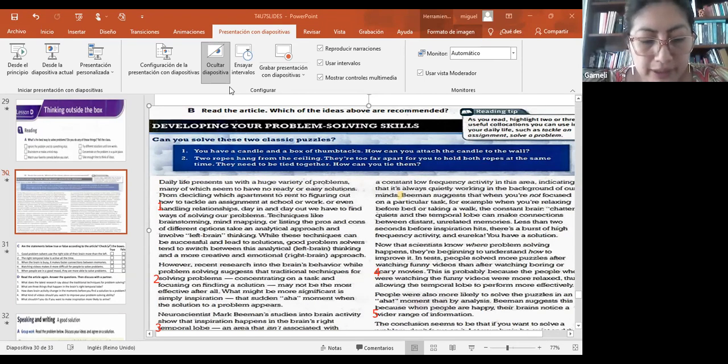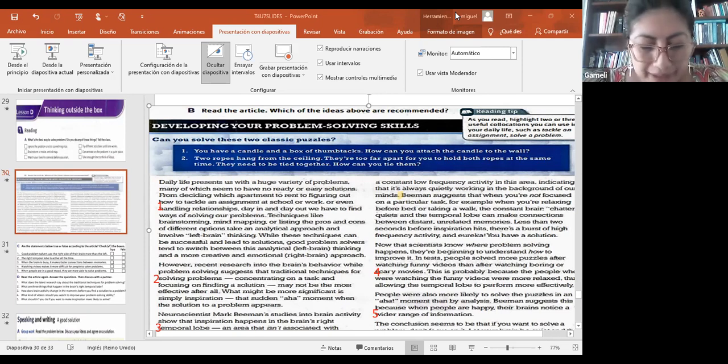Daily life presents us with a huge variety of problems, many of which seem to have no ready or easy solutions. From deciding which apartment to rent to figuring out how to tackle an assignment at school or work, or even handling relationships. Day in and day out, we have to find ways of solving our problems.